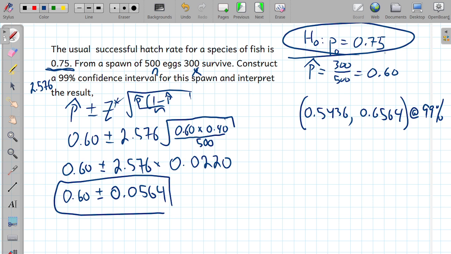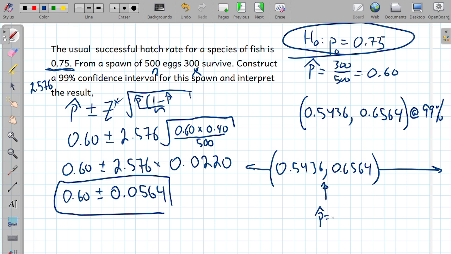If we put this on a number line now, I'll make a new one. I don't have enough room there. 0.5436, 0.6564. Let's put this on a number line. Now remember, dead center is p hat, 0.60, but now where does the 75% fall?